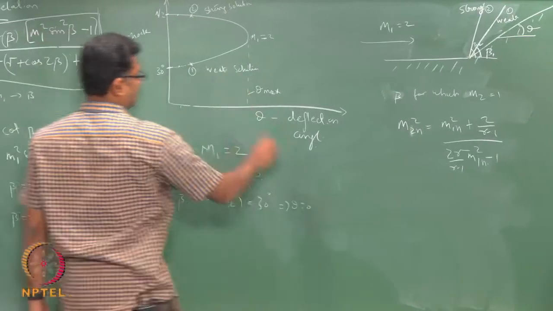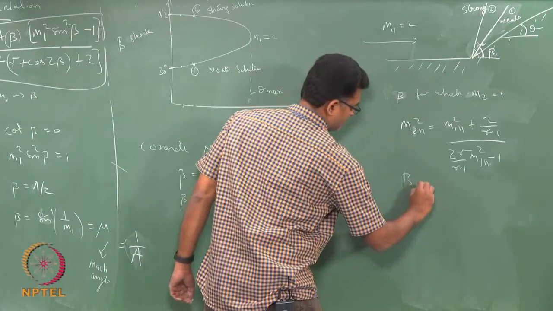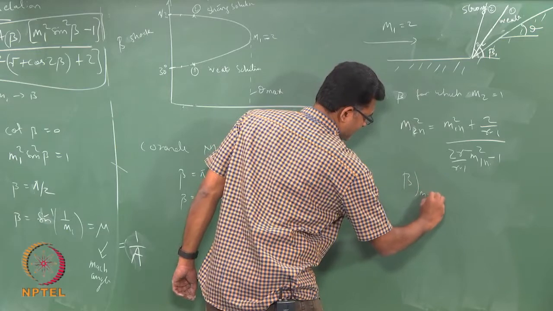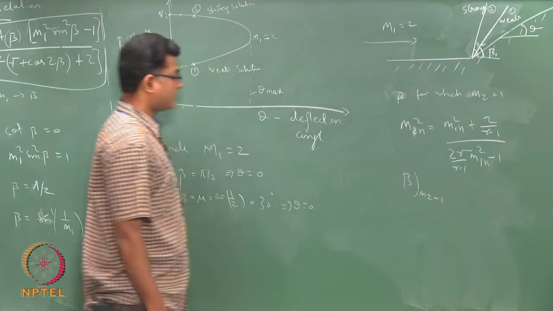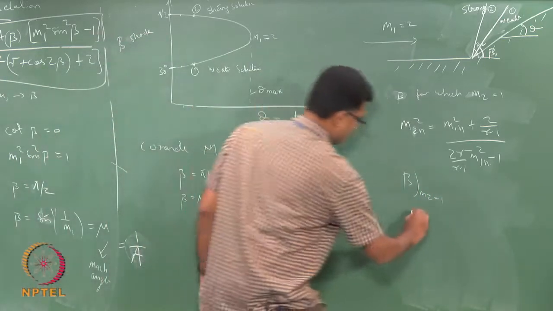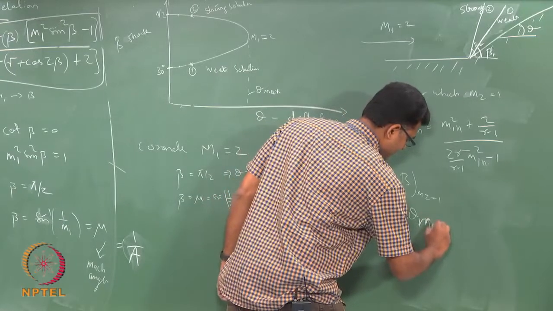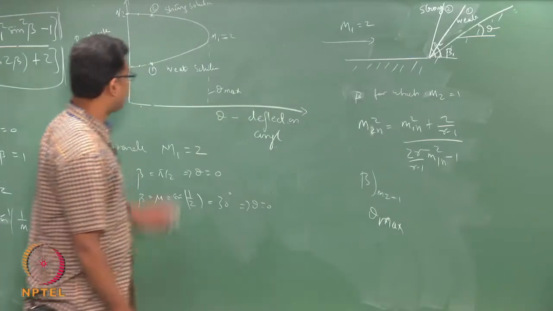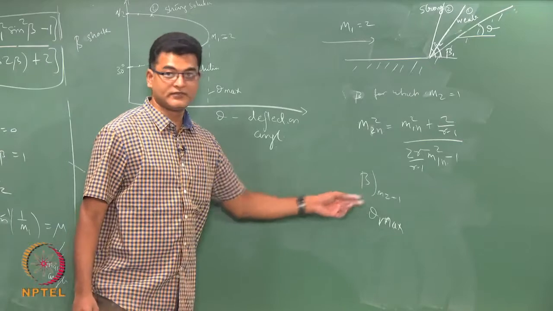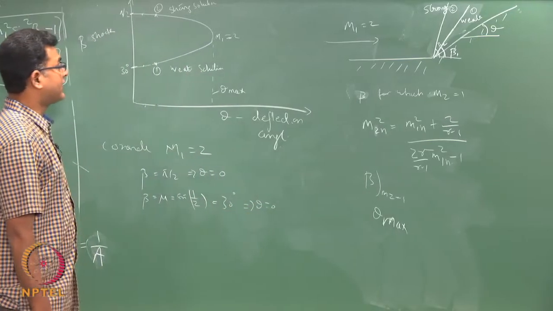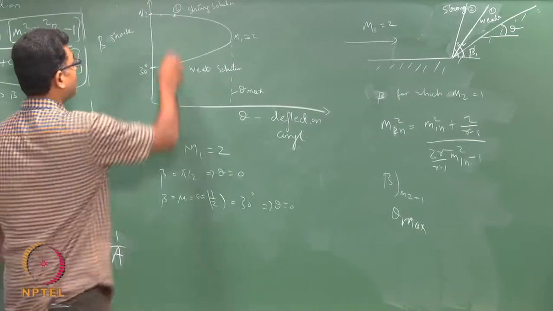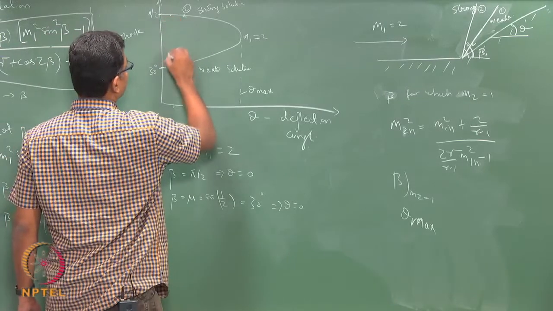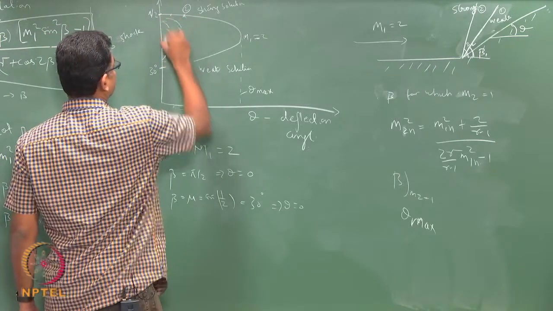So, there will be some beta which would give me M2 equals 1. So, I have a theta max, and I can also get this condition where my M2 is equal to 1. So, if I draw it for different Mach numbers, it may look something like this.